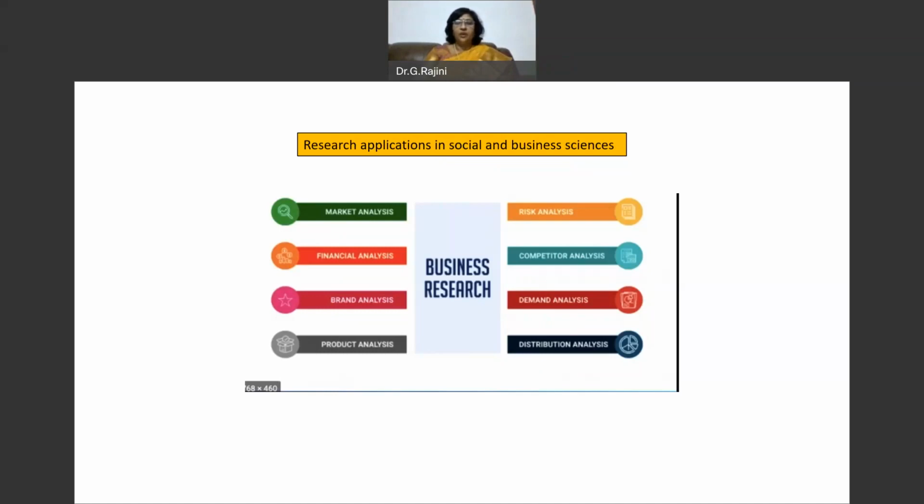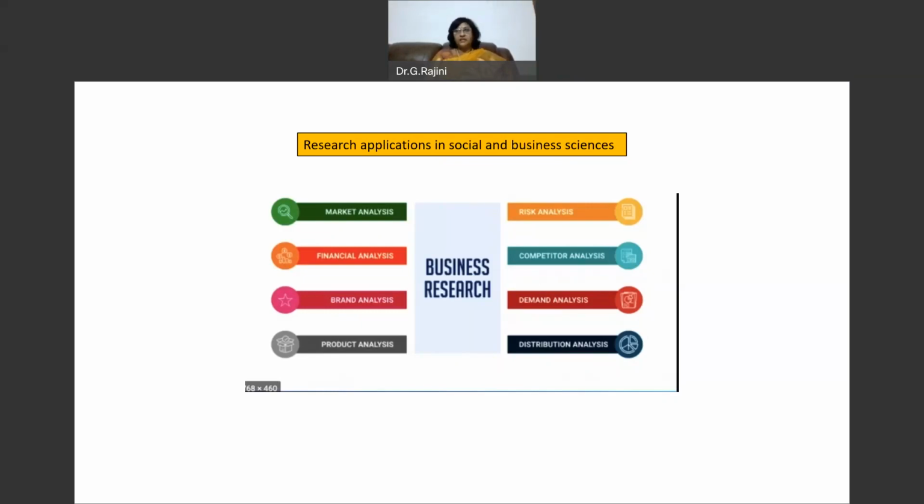Now, demand analysis is also very important because we can't manufacture goods and keep them dumped unless there is a demand for that product. So we need to find out the demand of the product and the supply of the product, so demand forecasting and supply forecasting are already there.